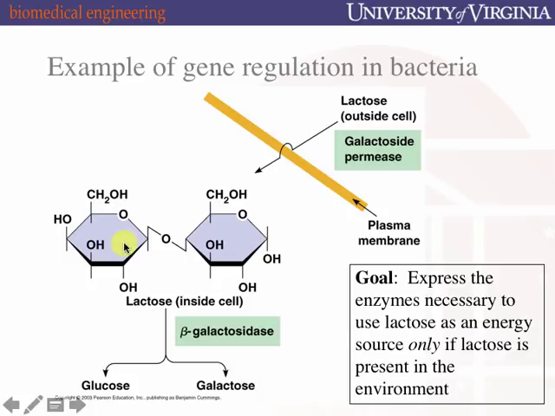Once inside the cell, lactose is broken down into 2 monosaccharides by an enzyme called beta-galactosidase that cuts right around here, and then will generate 1 molecule of a monosaccharide, glucose, and another molecule of the monosaccharide, galactose. And these can be metabolized through pathways that we'll talk about in a couple of weeks.